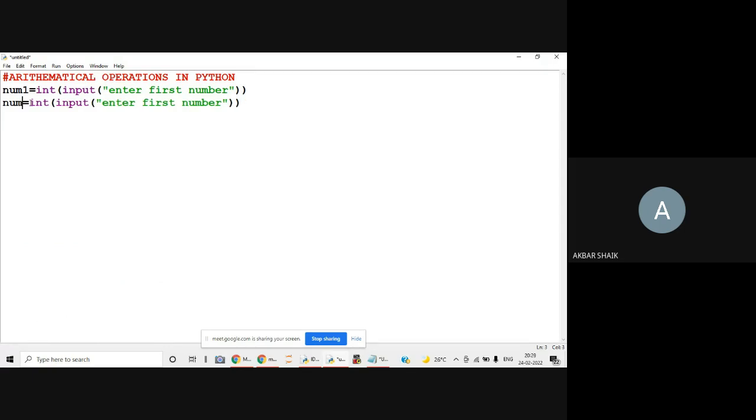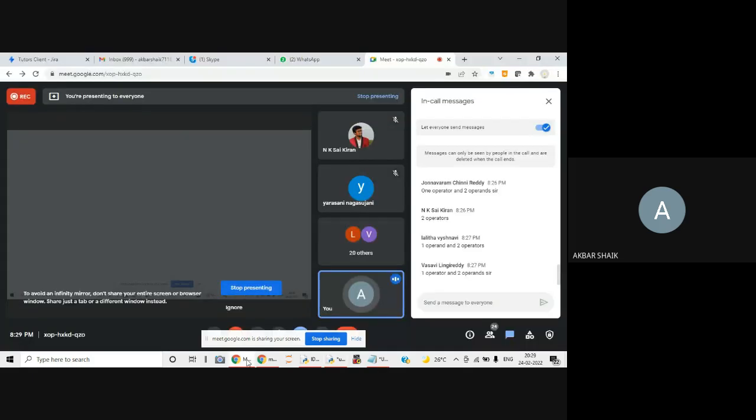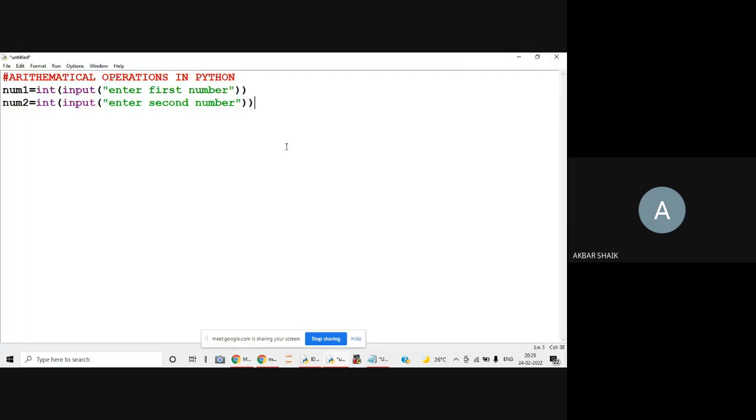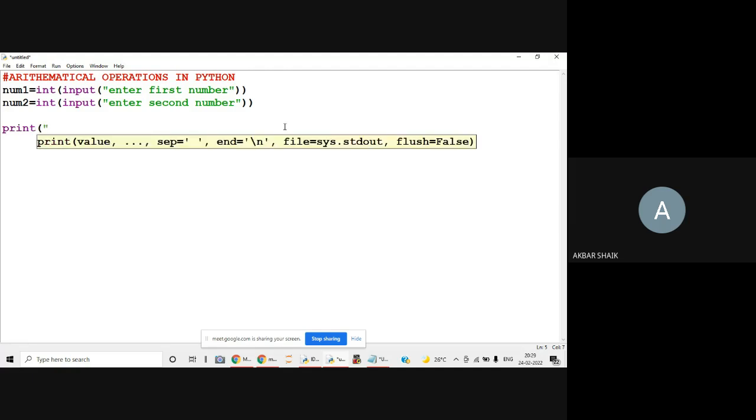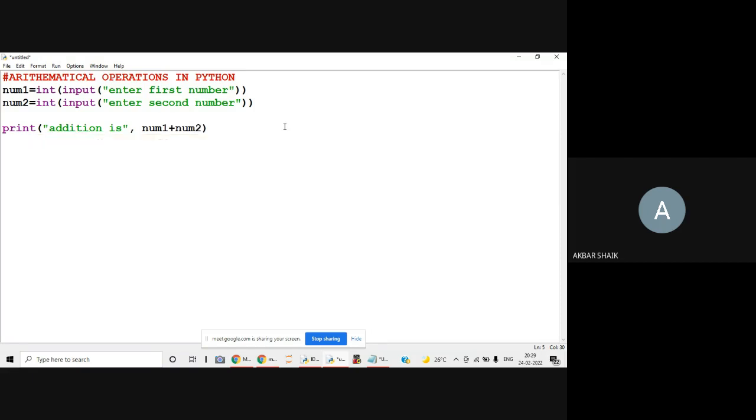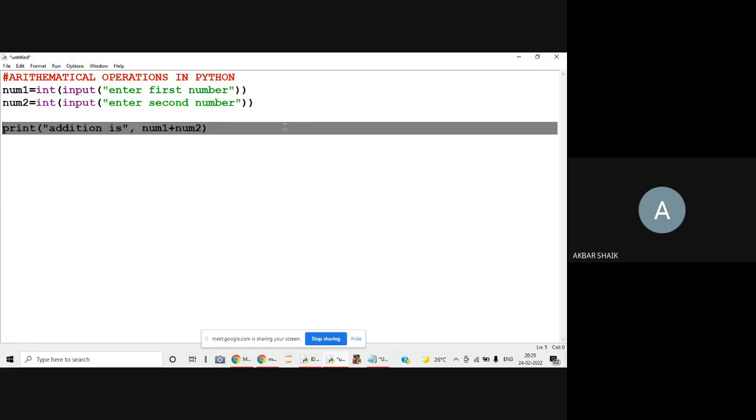So number two is input of enter second number. Now these are the inputs required for my program, right? Because I need two inputs, I got these two inputs. Is it clear how we got the inputs? Now I'll do the addition. Print addition is number one plus number two. This is addition, right?